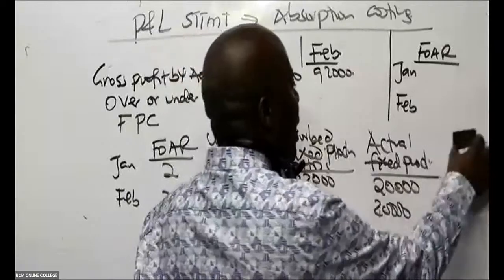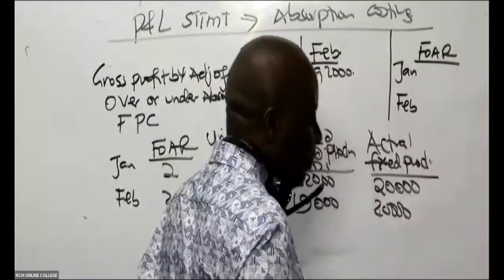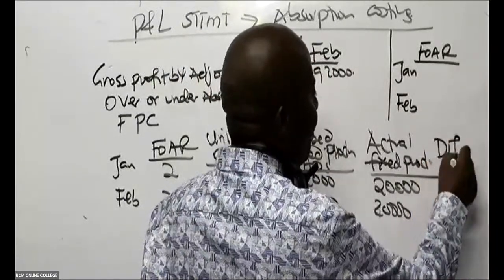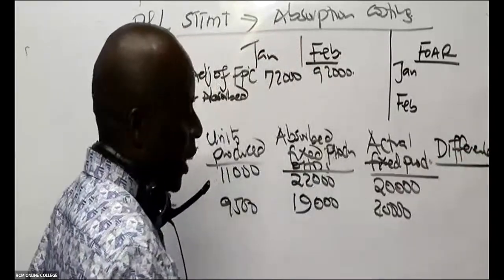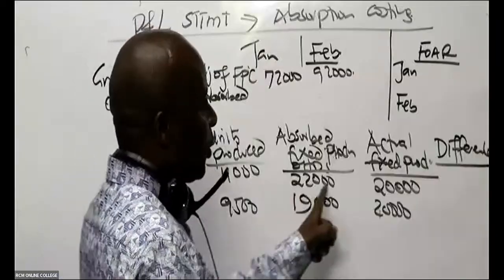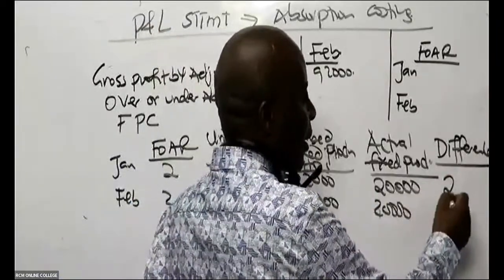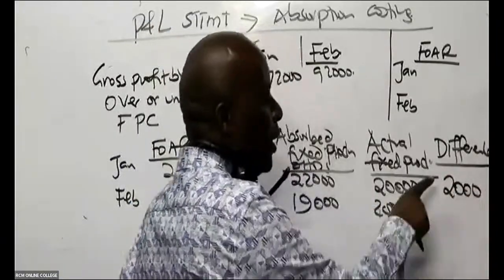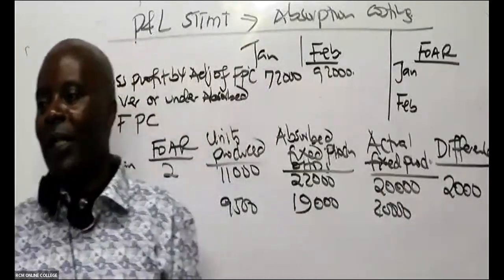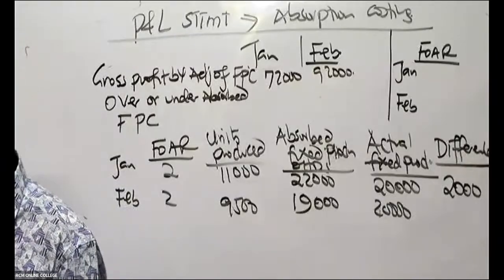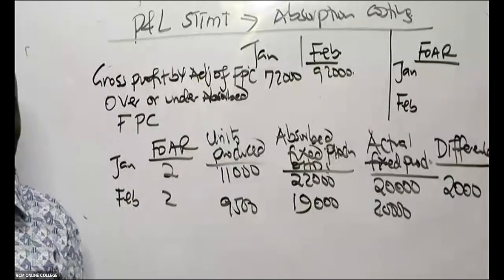Then come here and give me a column for difference. So 22,000 minus 20,000 gives me 2,000. Is this over absorbed or under absorbed?